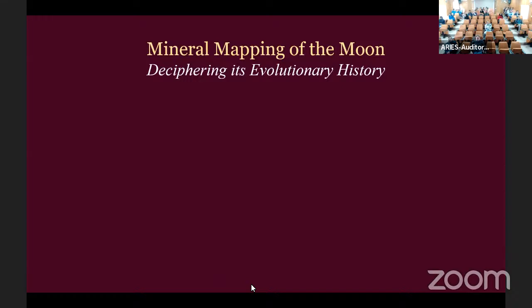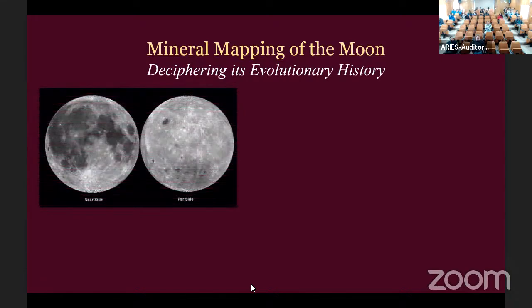The second topic that I am touching upon is mapping of the moon in terms of its mineralogy. Here also we are interested in how the composition is telling about the past of the moon as well as the processes that have been happening. So we start with our near and far side.